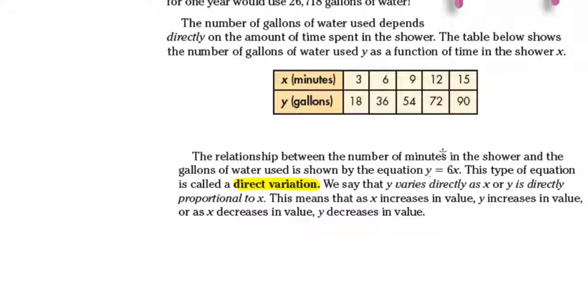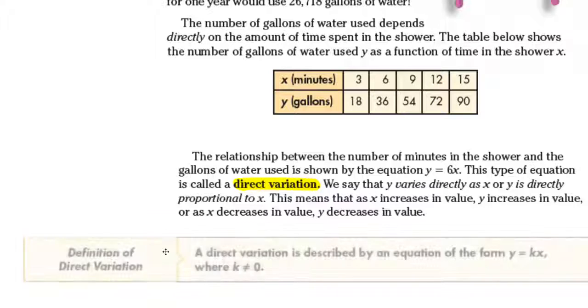So this equation tells you one thing, and you can say it two ways: y varies directly as x, or y is directly proportional to x. This means as x increases in value, y increases in value, or as x decreases in value, y decreases in value as well.